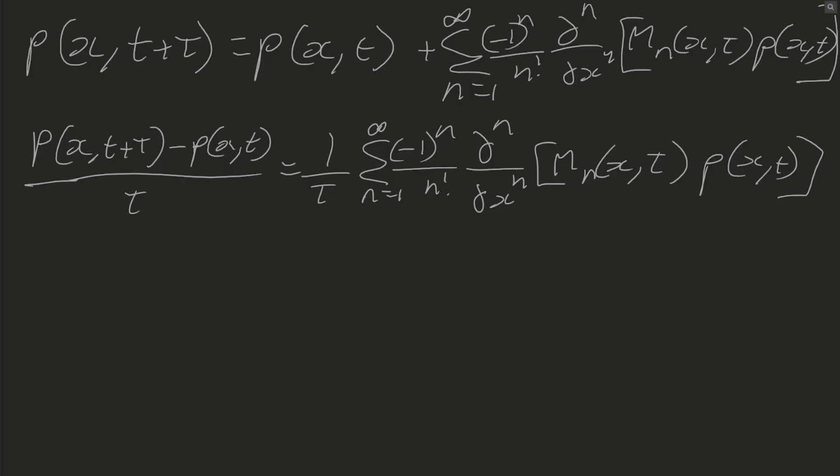And what I'd like to do now is take the limit as tau goes to 0. Now, what do we notice here? Hey, that looks like the definition of a derivative, right?